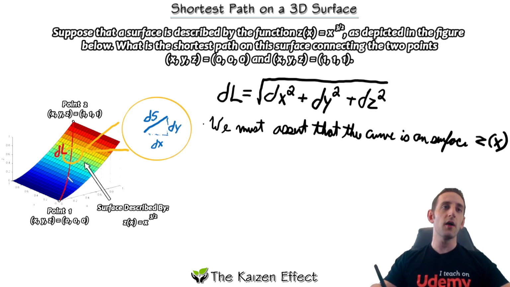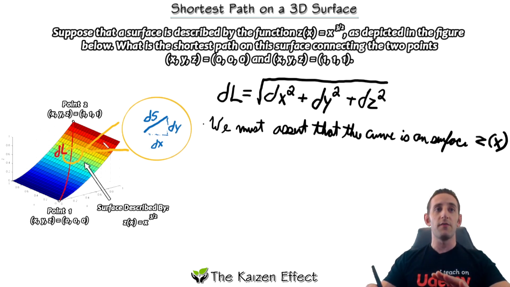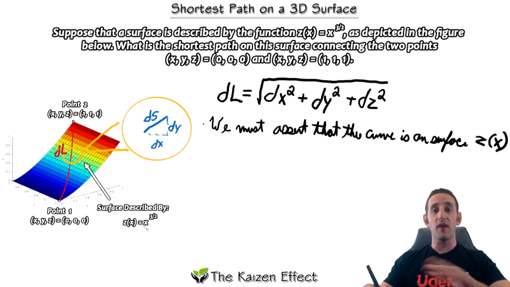Regardless of the curve that minimizes this distance, it must exist on this surface here. In other words, it must be described by this z component here. So in a sense, this is restricting the z values that we have. The z values must conform to this, otherwise we won't exist on the surface.